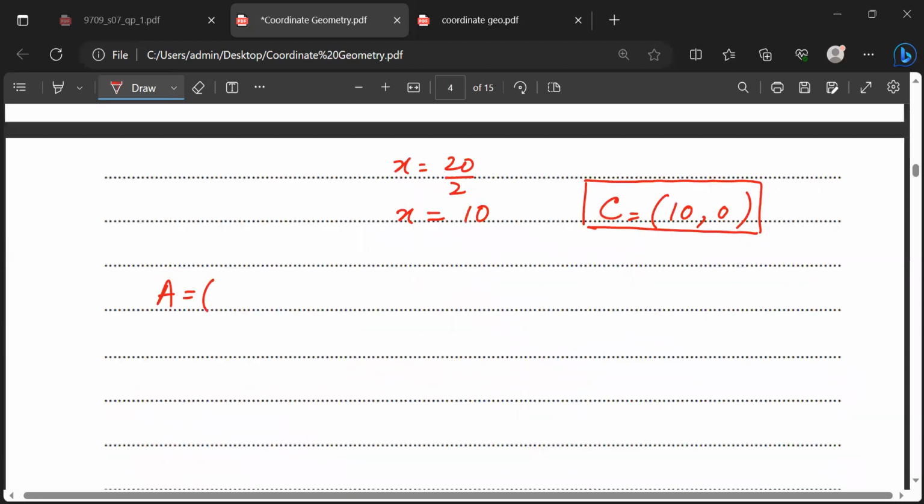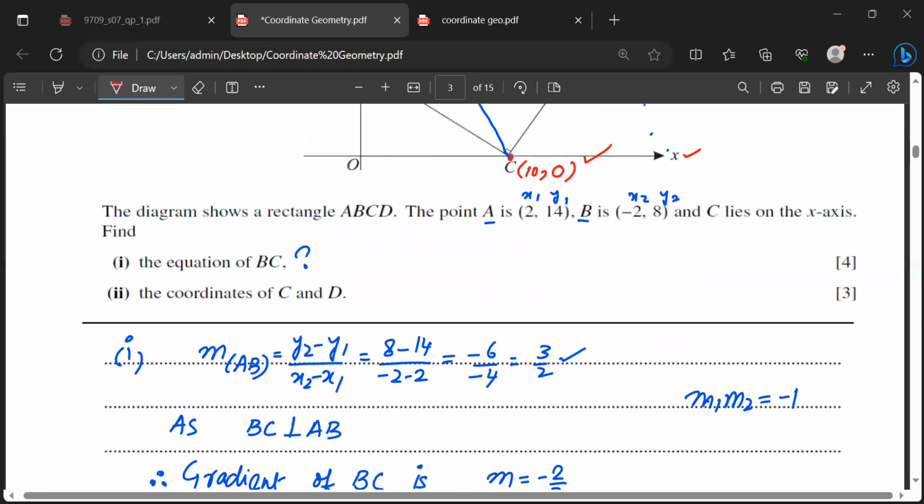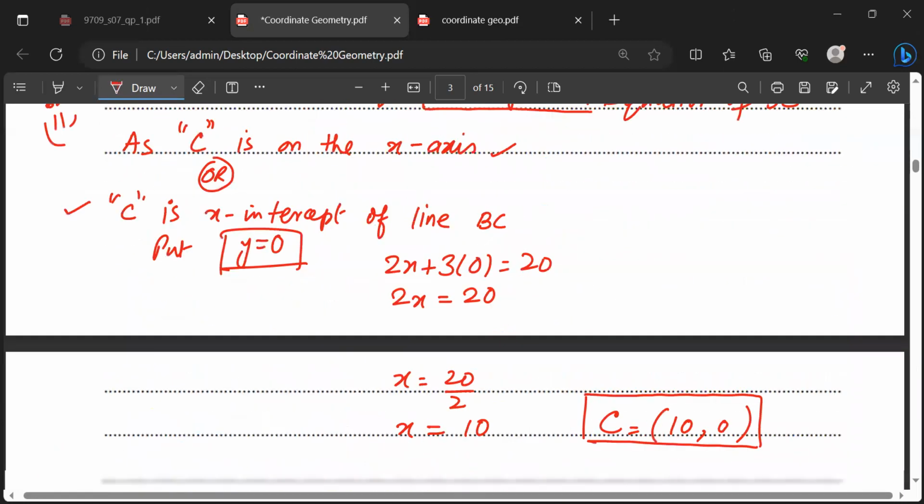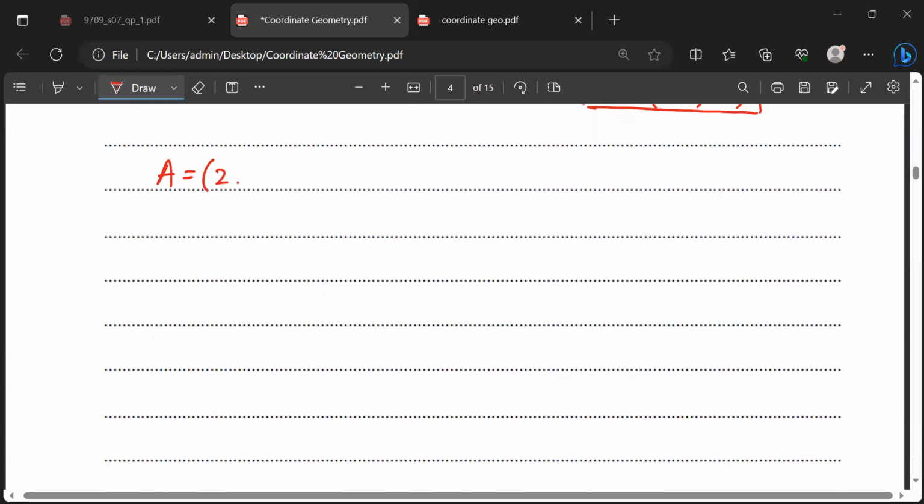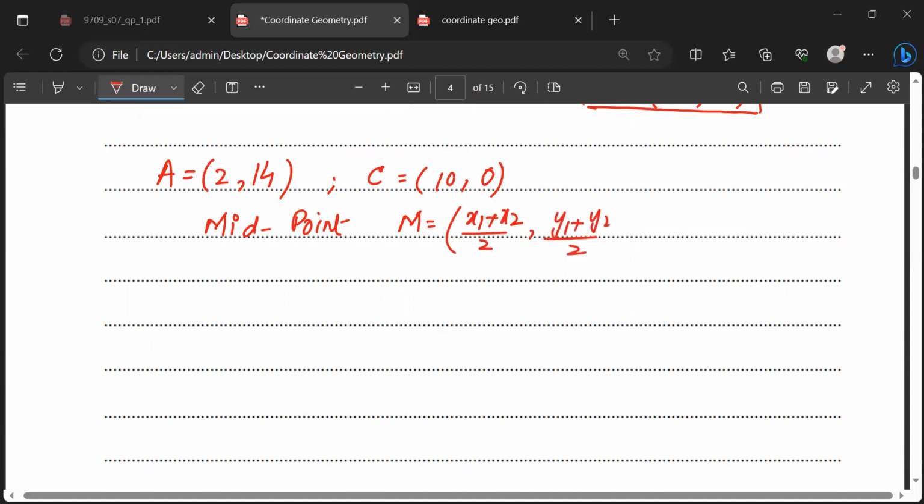A has the coordinates 2, 14, and we just obtained the coordinates of C, 10, 0. Let us find the midpoint of this, and this will also be the midpoint of the other diagonal. Say the midpoint is M. The formula is x1 plus x2 over 2 and y1 plus y2 over 2.